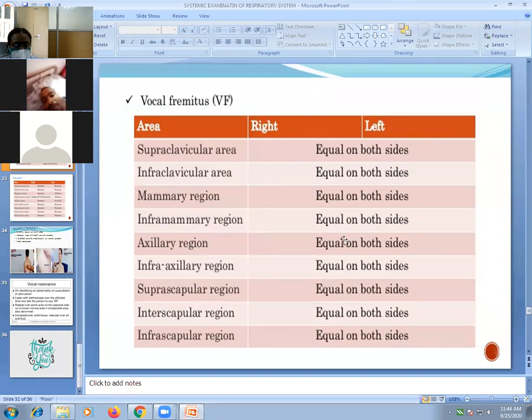In consolidation, tactile vocal fremitus increases over that part. In pleural effusion, tactile vocal fremitus decreases on the affected side. Otherwise, you can write it as equal on both sides. So these are the findings on palpation.